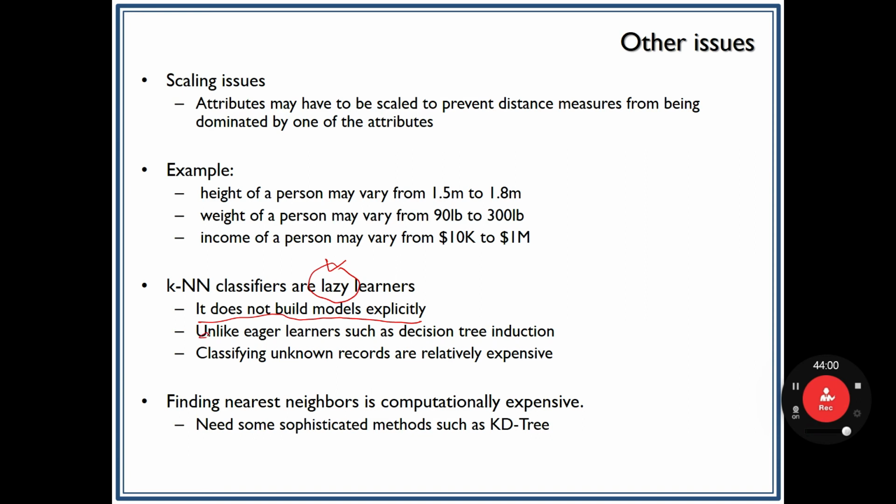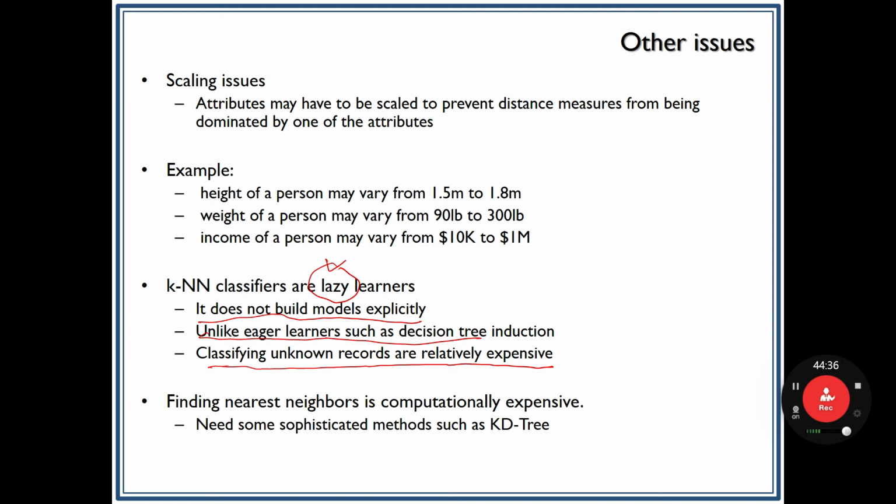So unlike eager learners such as decision tree or logistic regression, this does nothing, and classifying unknown records is relatively computationally expensive. Imagine a training set consisting of 100,000 data points. Then even for classification of just a single new data point, we have to compute 100,000 distances, right?